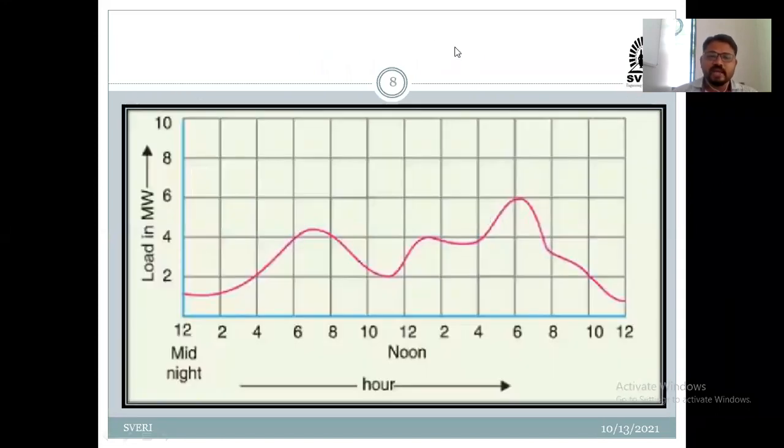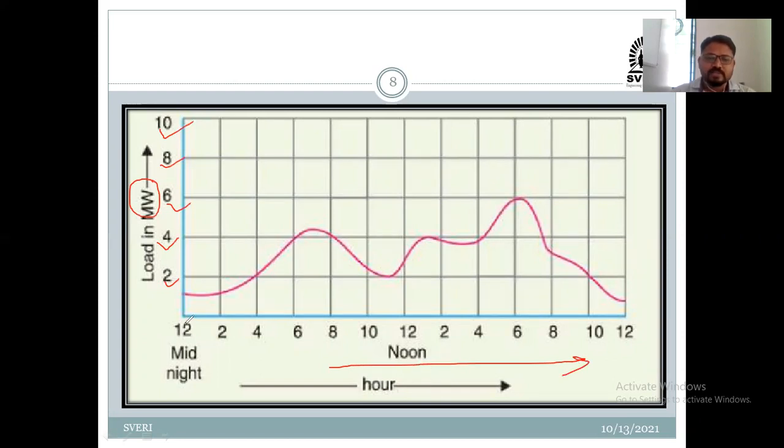See, this is the actual example of plotting of load curve. On this y-axis, we have taken the load which is in megawatt. Means this is 2 megawatt, 4 megawatt, 6 megawatt, 8 megawatt, and 10 megawatt. And on this x-axis, we have taken the time.